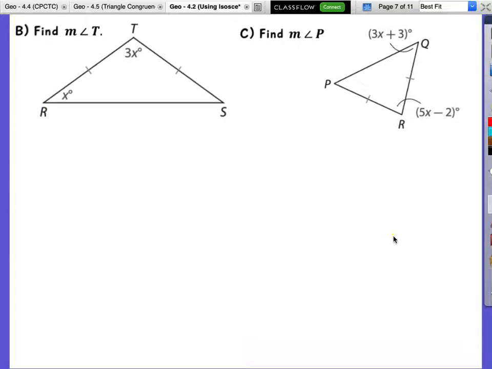All sides. Equal 180. Oh no, they are? So, you're messed up.